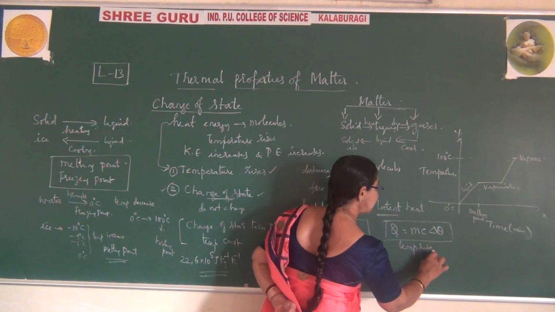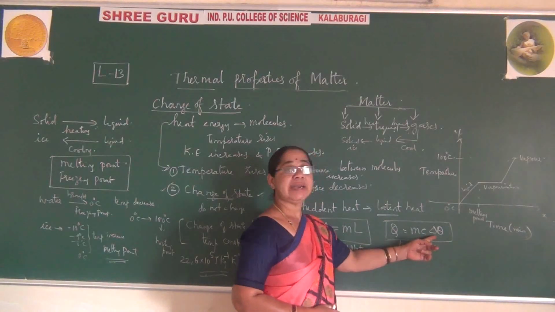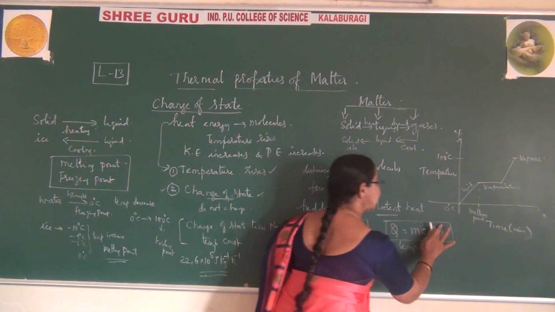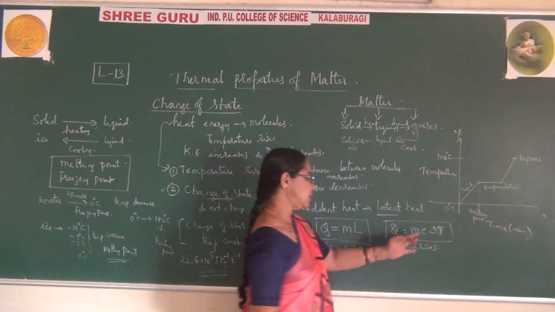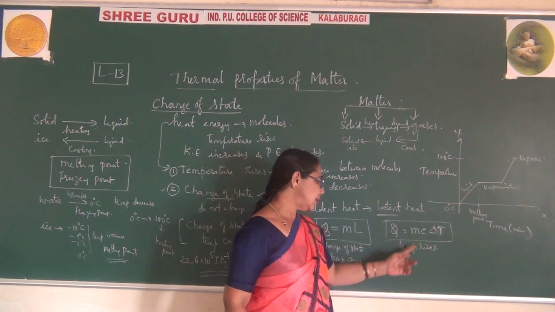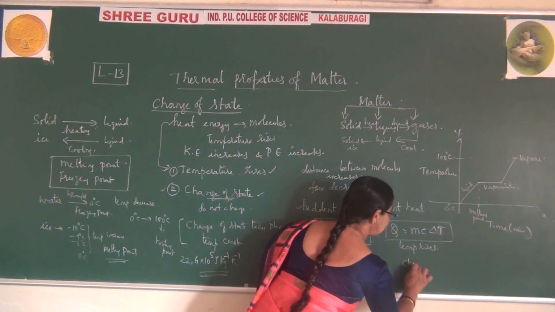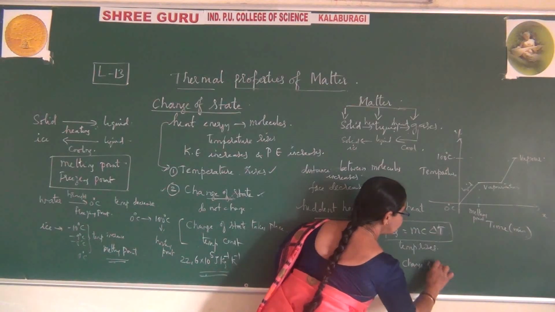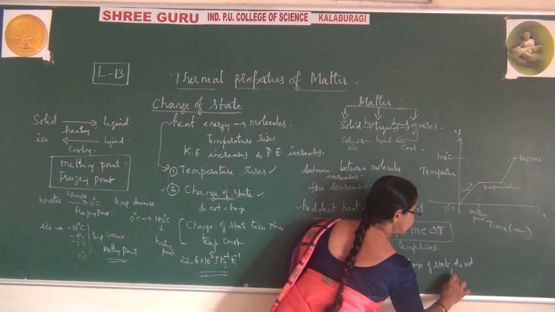When the temperature rises, we use the formula Q is equal to MC delta theta, or delta T, because there is a rise in temperature; mass is there and the specific heat of the given substance is there. At that time the temperature rises, and no change of state takes place.